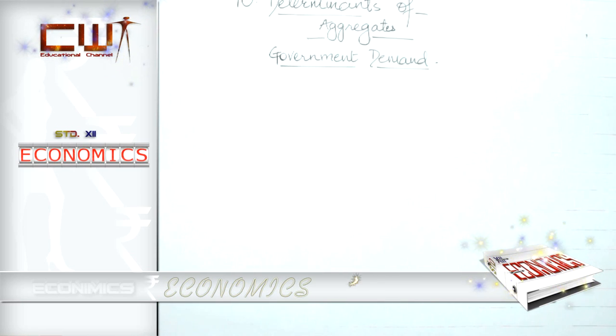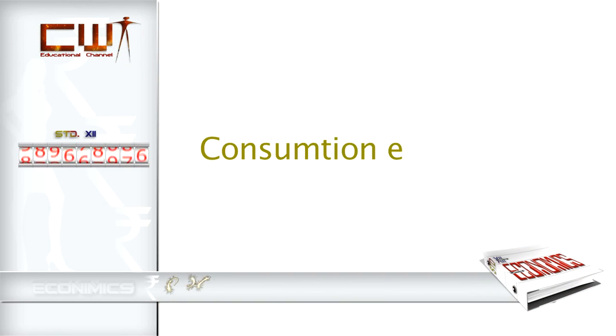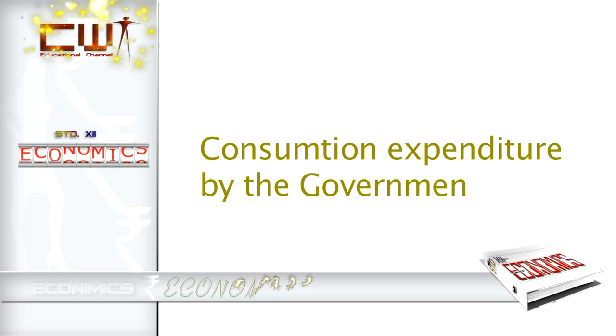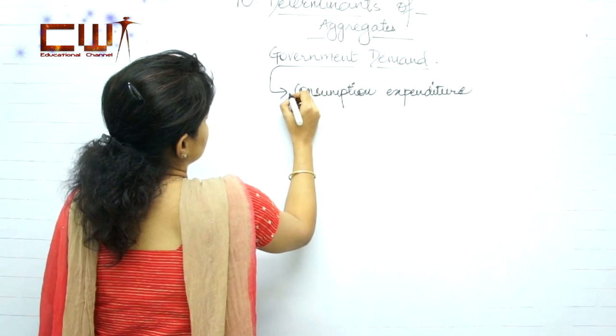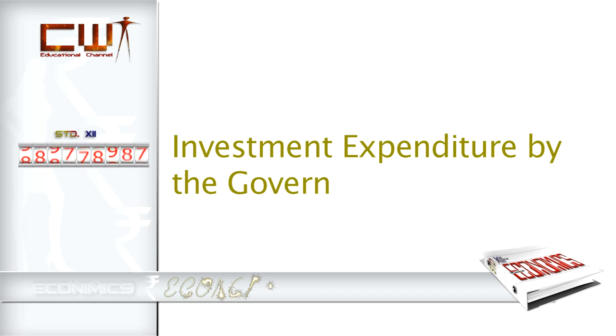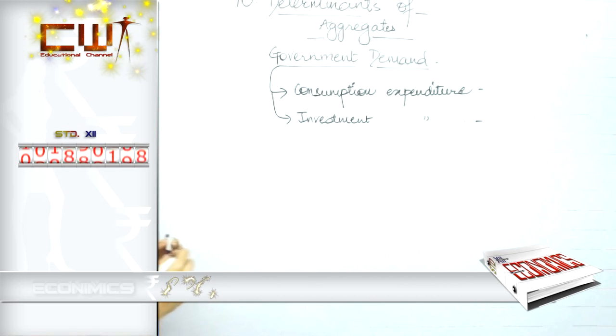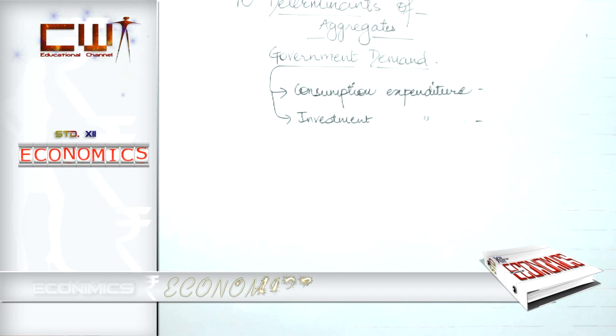You have consumption expenditure and investment expenditure. Now the government is making consumption expenditure and the government is making investment expenditure. What is the consumption expenditure made by the government? It refers to the expenditure made by the government by providing public utility services to the people of the country.